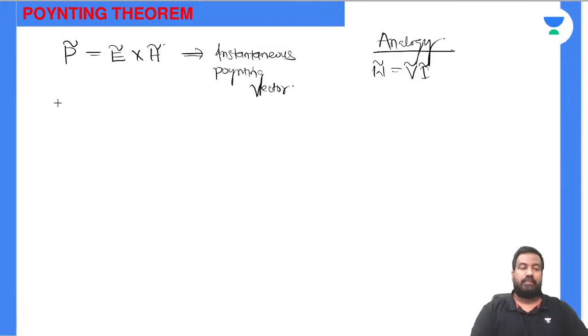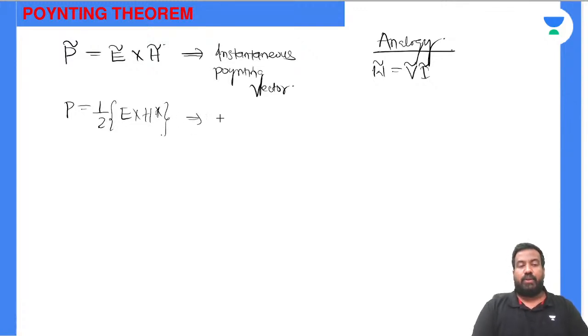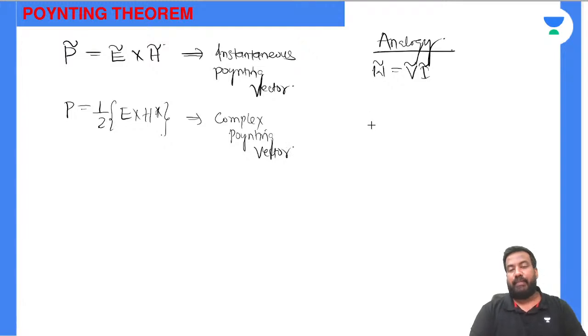From this, the complex Poynting vector is given as 1 by 2 E cross H conjugate, where E and H are phasor components. 1 by 2 E cross H conjugate gives you the complex Poynting vector. Analogy, complex power is 1 by 2 V into I conjugate.